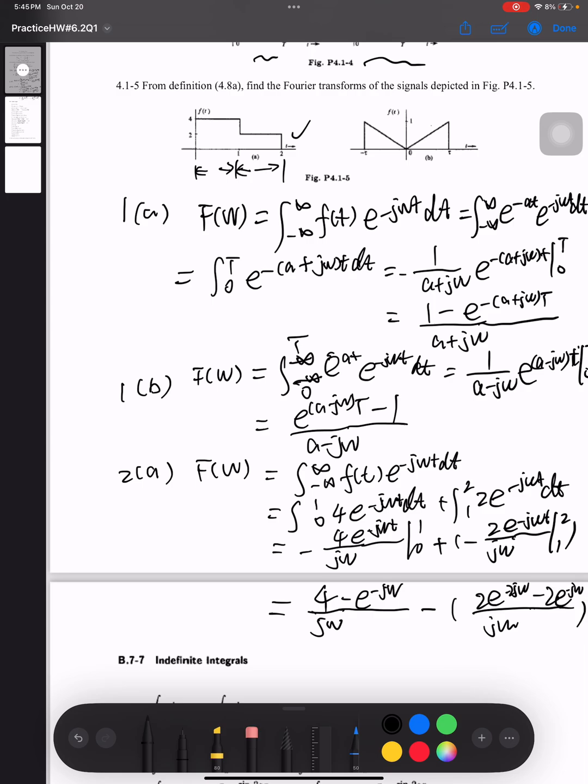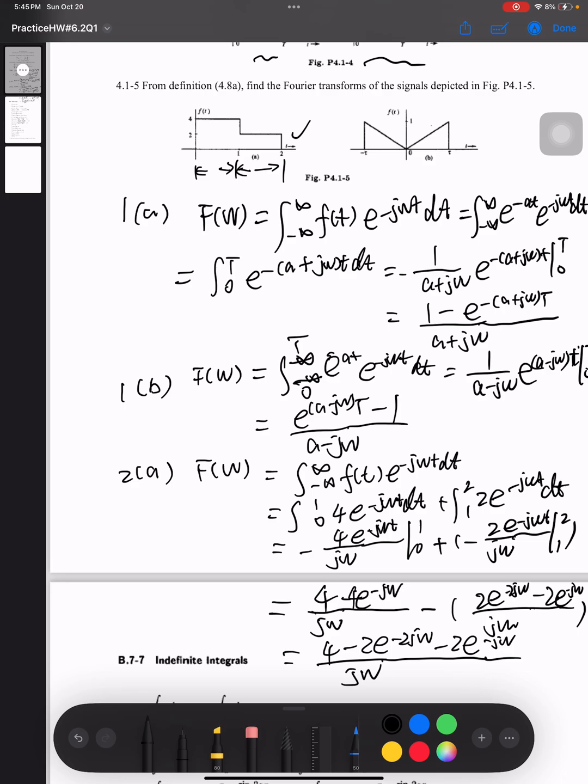So if we combine these two, oh, here is 4 times. If we add them together, it's 4 over j omega, and then 2e^(-2j omega) plus minus 2e^(-j omega). So this is the answer of question 2a.